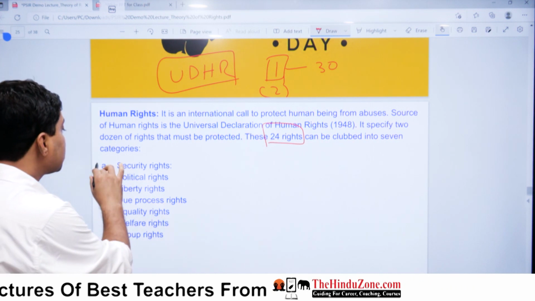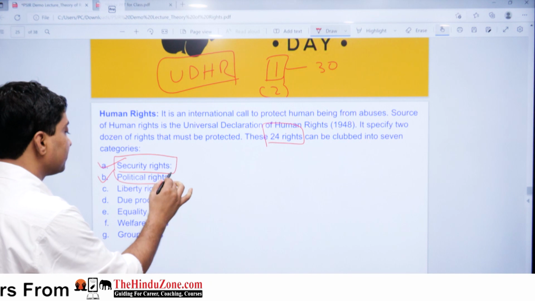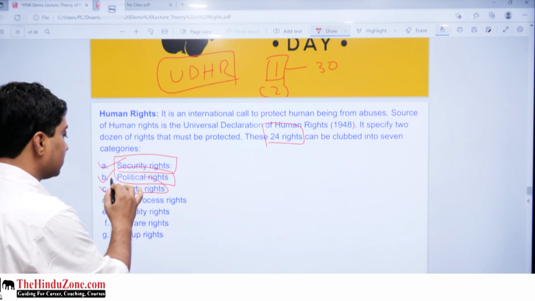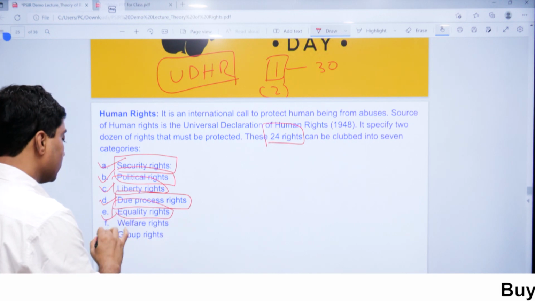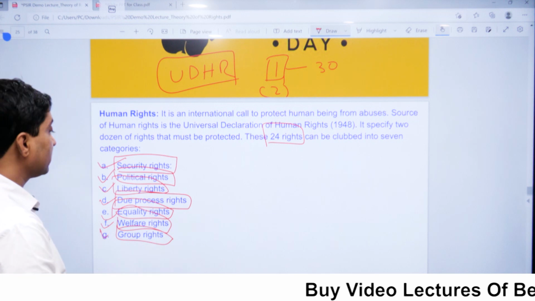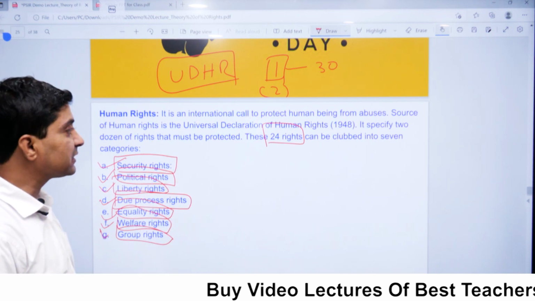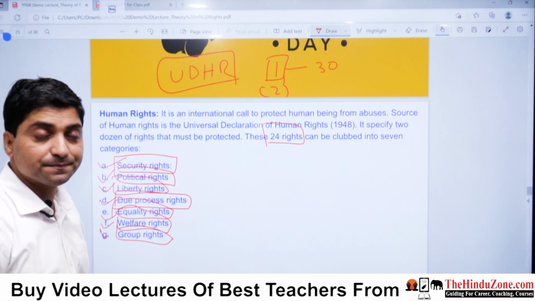For example, security rights, political rights, liberty rights, due process rights, equality rights, welfare rights, and group rights. It gives these 7 categories of rights.